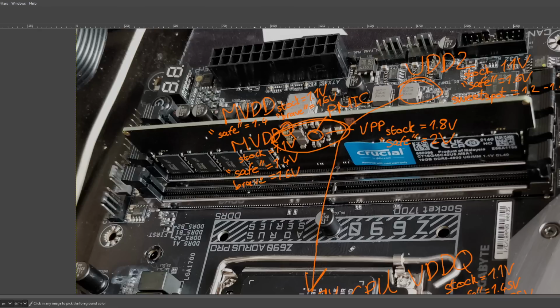For DDR4 server boards, you could find 4-phase memory power, because some of the registered ECC sticks can go up to 8 ranks of memory. And so you can end up with half a terabyte of RAM on one side of the CPU, or even more than that.